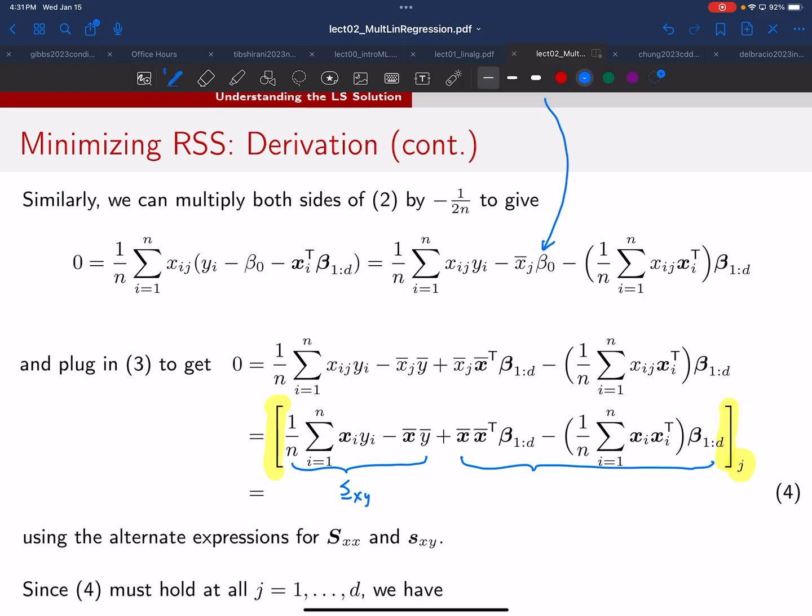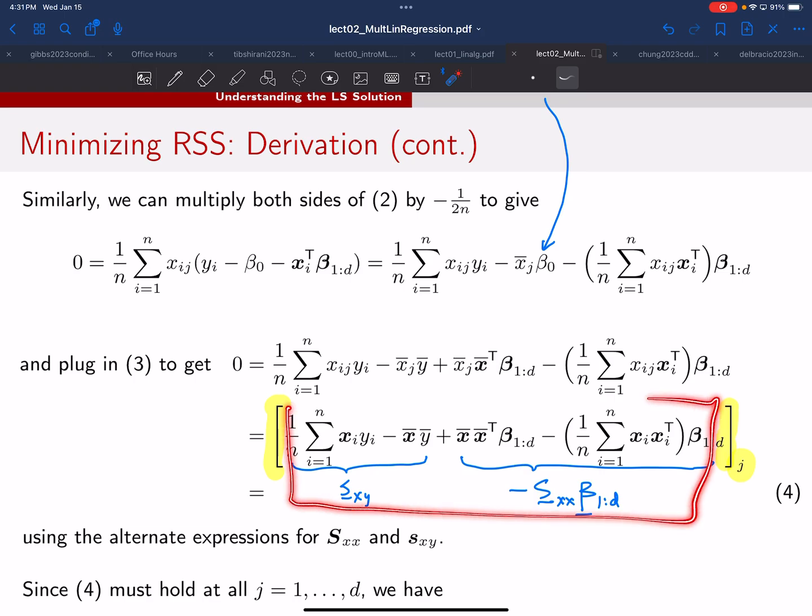So basically this gives us minus SXX, that matrix, times the beta 1 through d vector. So what I'm saying is, inside the square brackets, there's a really nice, elegant expression. It's just this vector minus this matrix-vector product. Now you extract the jth quantity, and you want that to be 0.